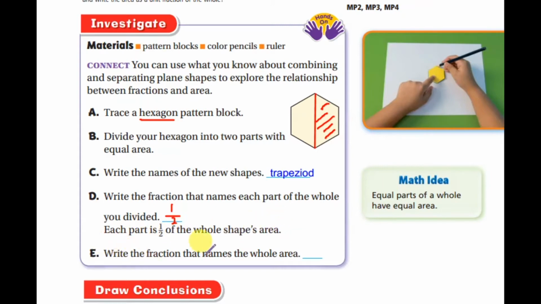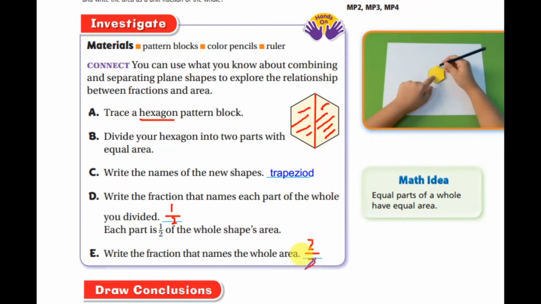Now write the fraction that names the whole area. We said the whole area means if I color the 2 parts here, that now is the whole area. So now name how many colored parts: 2 colored parts over how many parts in all.